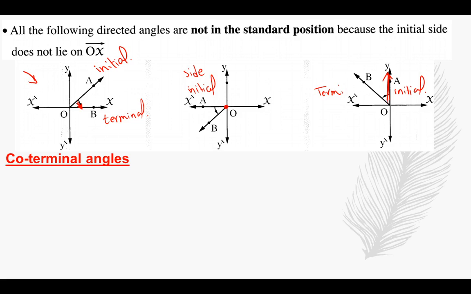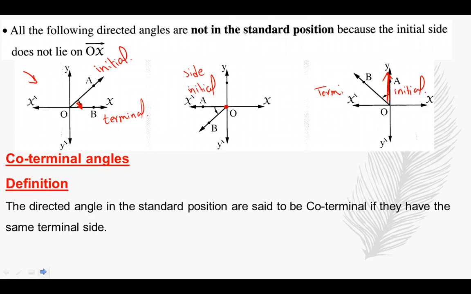Okay, let's go to another idea. Definition: the coterminal angles. What are coterminal angles? When we are talking about coterminal angles, we have two conditions.